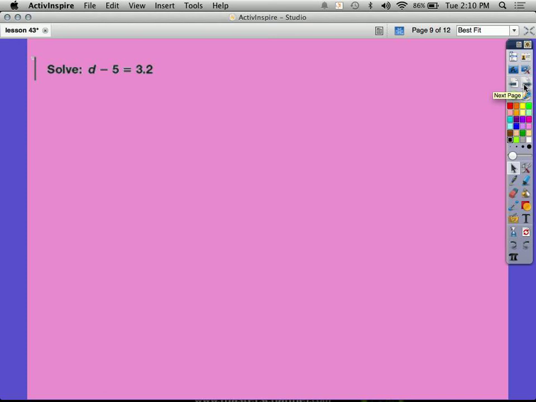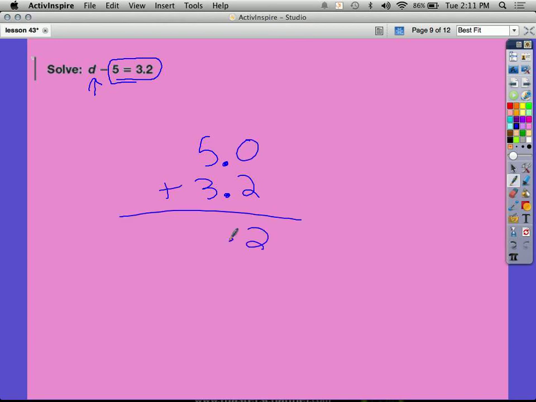Thinking back to before, if I don't know this number, I need to add my other two numbers to get that number, because that's my big number in my subtraction problem. So all I need to do is take my 5, my 3 2/10, line up my decimal points. I get that d is equal to 8.2.